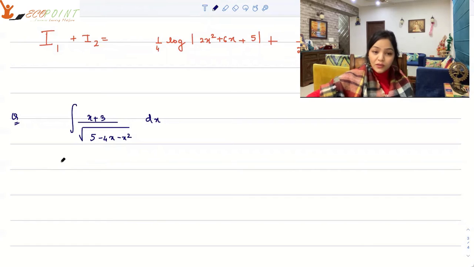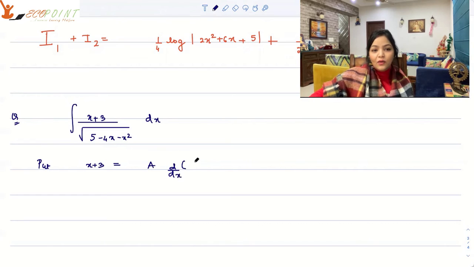So the working will be exactly the same. You will put x plus 3 as equal to a times d by dx of 5 minus 4x minus x squared plus b. That is, it's a times minus 4 minus 2x plus b.